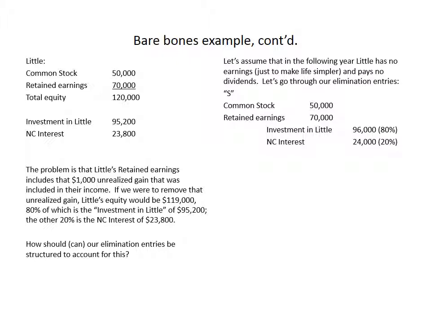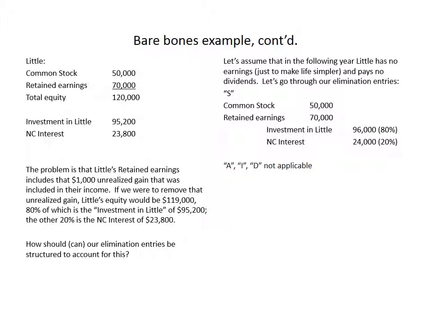In all of the previous examples, when we did that S entry, we were eliminating the parent's beginning of year investment in Little balance, and we were reestablishing the non-controlling interest that we left off with at the end of the previous year. Now, however, we're crediting the investment in Little and the non-controlling interest for more than their balances were at the end of last year.